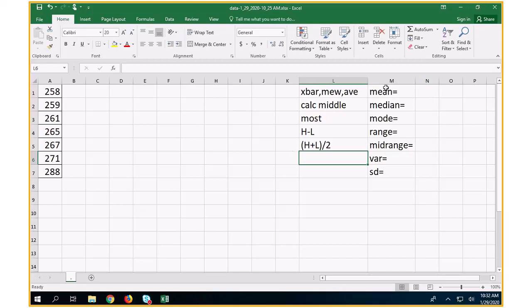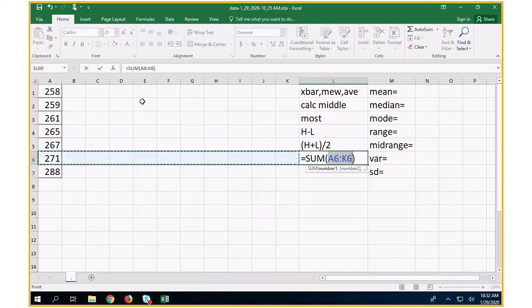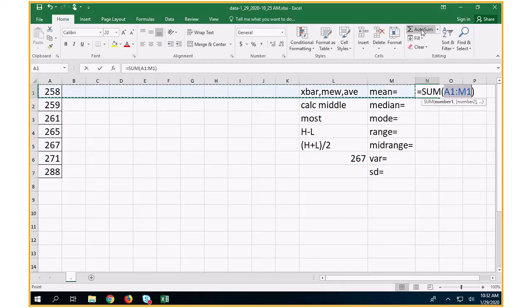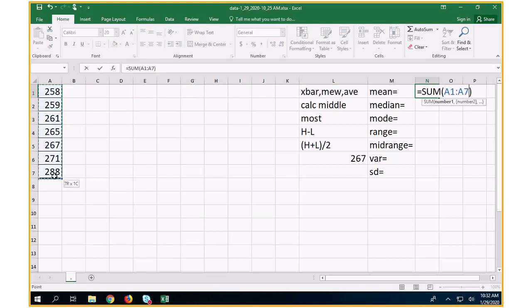All right, so what's the mean? We're going to add these up, and we're going to divide by what? How many are there? 7? So I'm going to divide by 7, and that should be what you get. Oops, I hit the wrong button. There we go. 267.